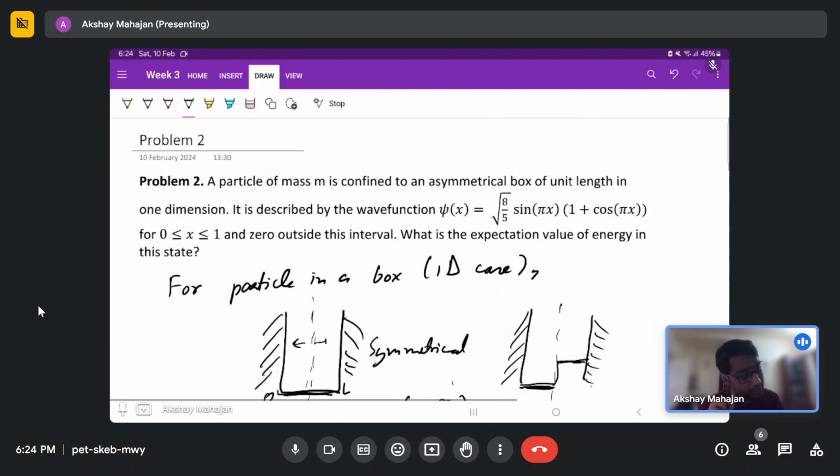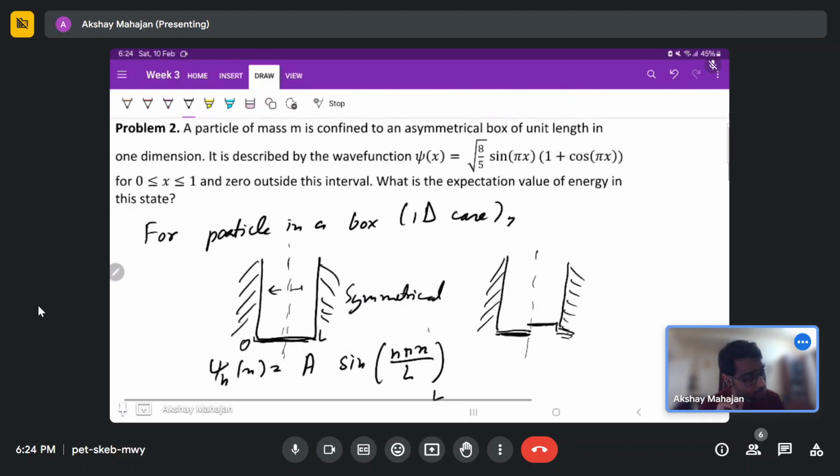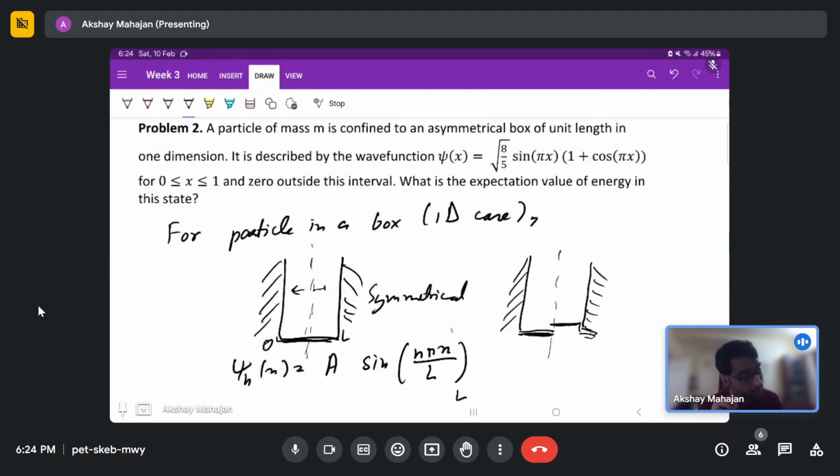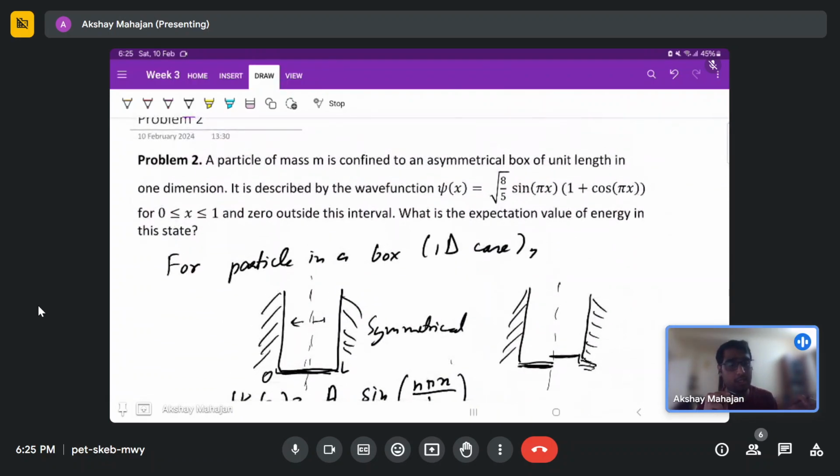The problem does not say exactly how the asymmetry arises, but we can consider that the Hamiltonian remains more or less the same.